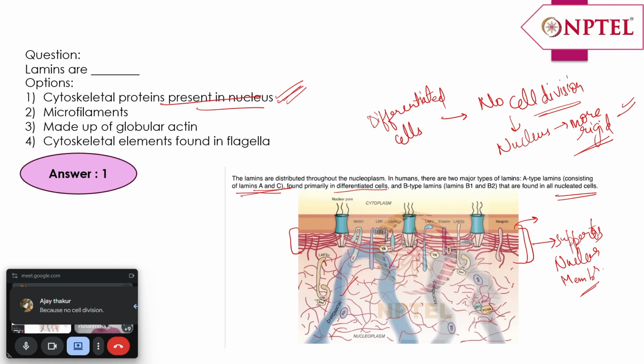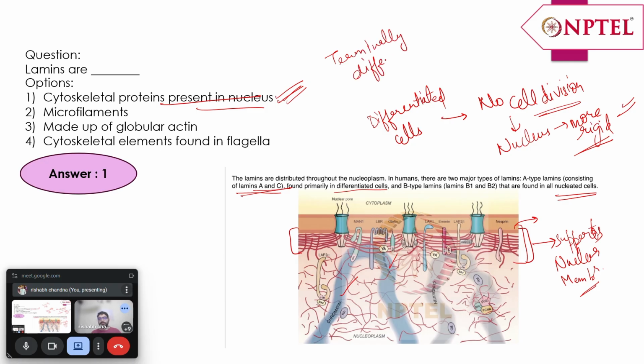No, differentiated cells means where there is limited or no cell division. For example, in humans, it is terminally differentiated cells. The best example is neuron.